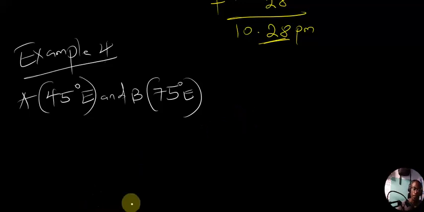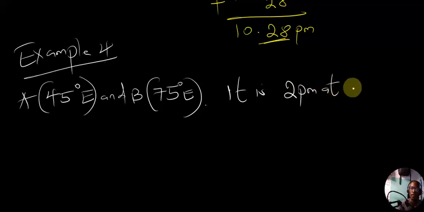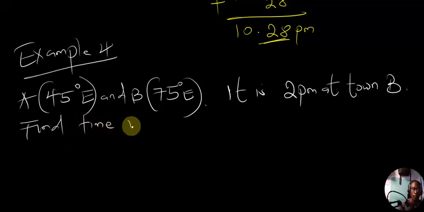So if it is 2 p.m. at town B, we want to find the time in town A. There is the question.